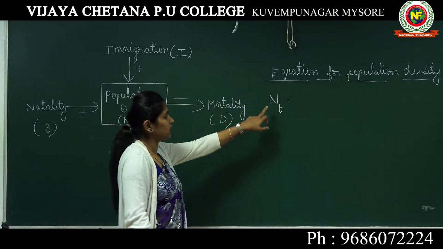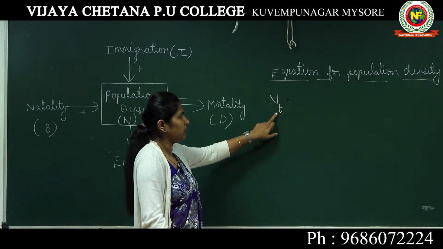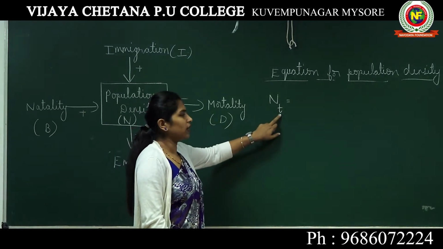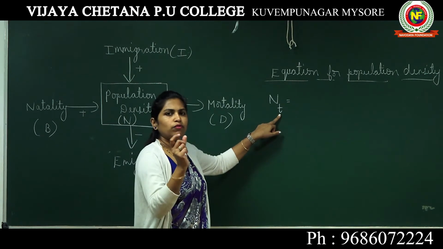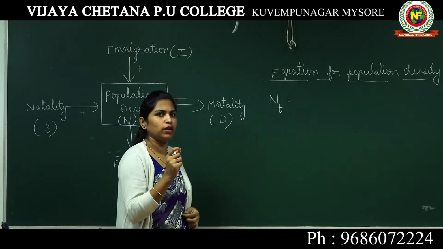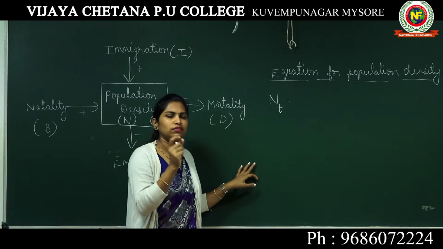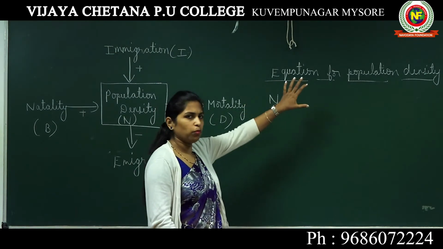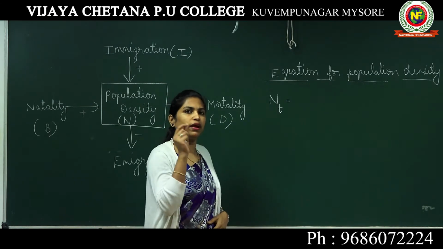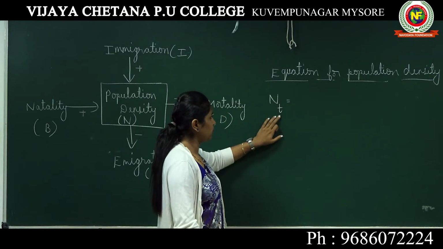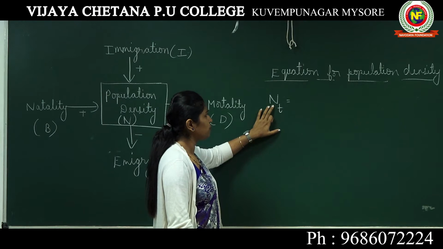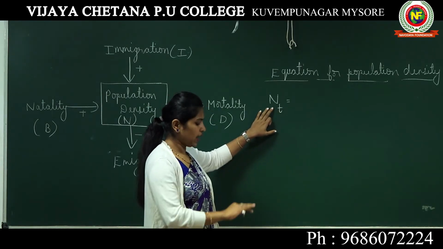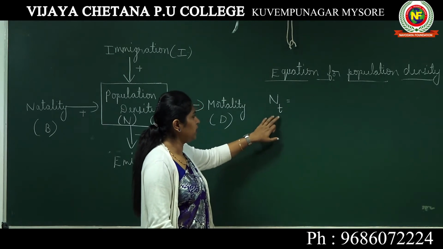The population density will be represented by NT, which means population density at time T. When we are talking about a population, we always have to consider a particular time. So if we are counting population density, that will be at a particular time. NT represents population density at time T.